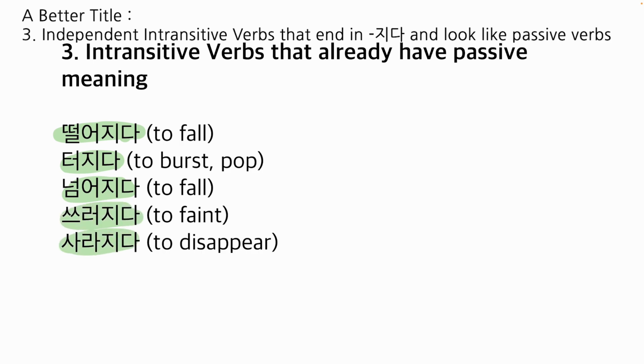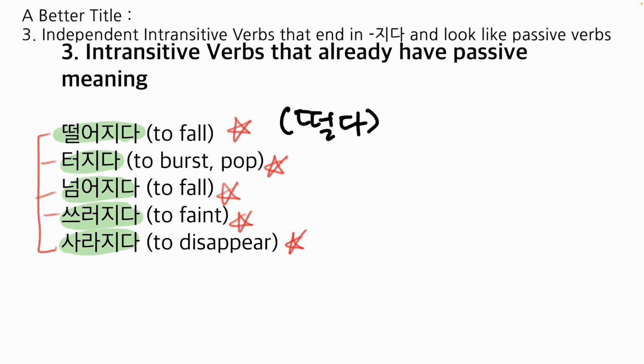And one interesting thing about these verbs is that they do not come from another active verb. They are just independent verbs on their own. So for example, 떨어지다 kind of looks like it's from the verb 떨다, but it's not. And same with the rest, guys.